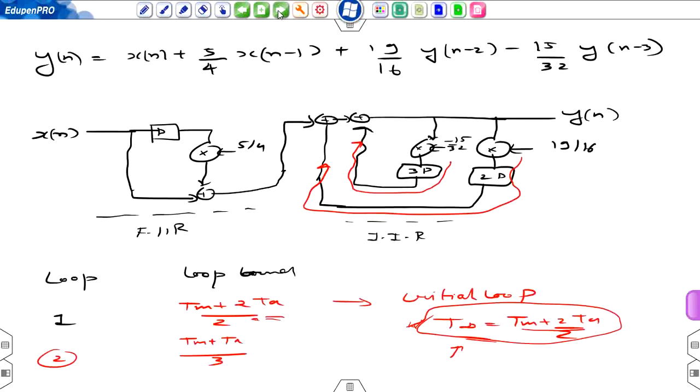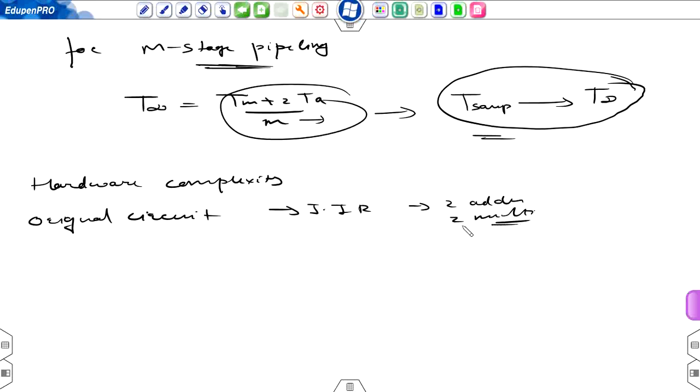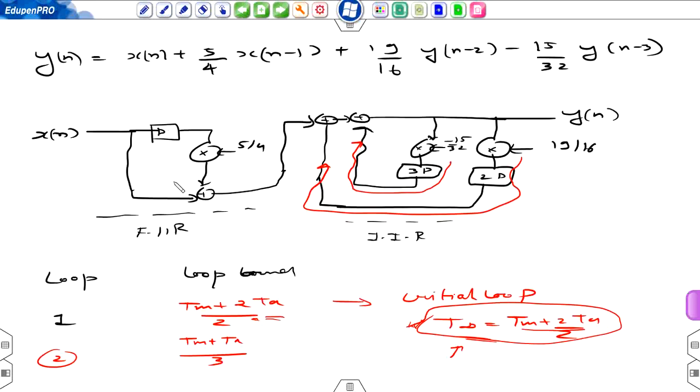So for original circuit, the IIR part is having 2 adder and 2 multiplier because it was a second order filter. For m equal to 1, eliminating the term Z minus 1, now the circuit is something like this with the FIR part and IIR part.